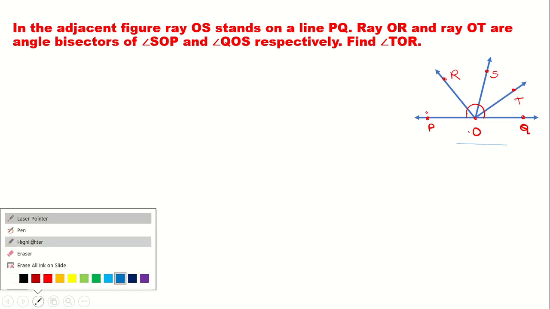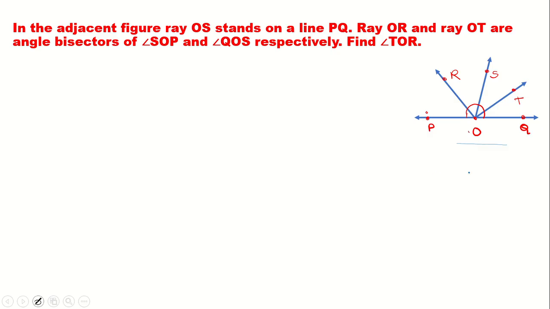So, what are angle bisectors in this question? Suppose this is one angle, let us take it as angle SOQ. Now, in this one angle, if a line or a ray is drawn, it divides this angle into two equal parts.